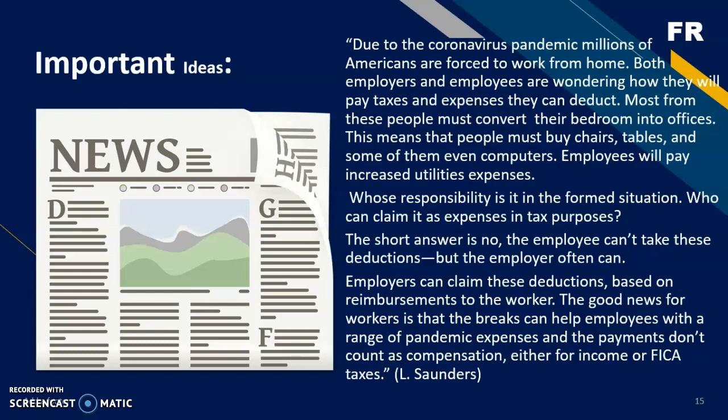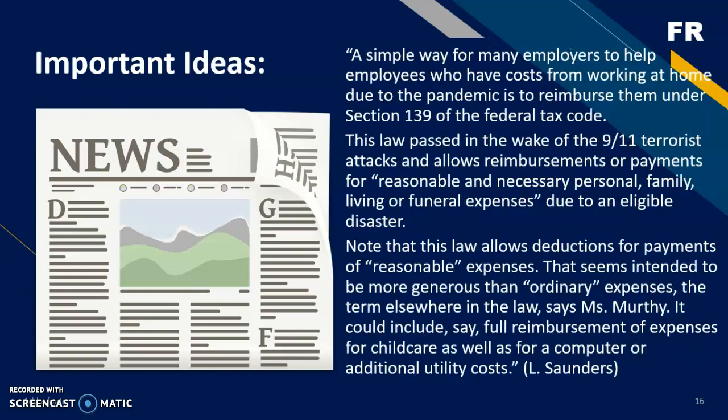One was a partial deduction of unreimbursed employee expenses such as a home office or union dues, but employers can claim these deductions based on reimbursement to the worker. The good news for workers is that the breaks can help employees with a range of pandemic expenses, and the payments don't count as compensation either for income or FICA taxes.